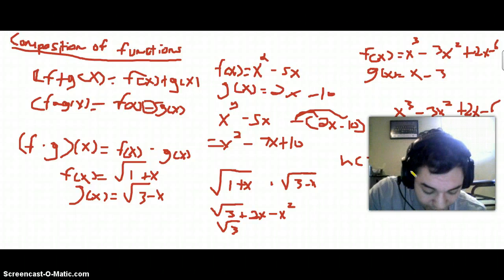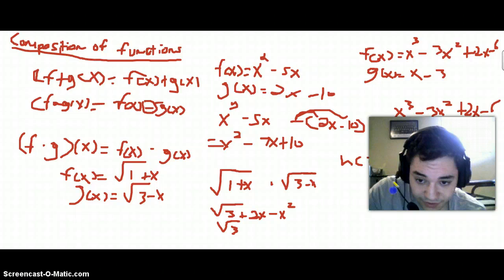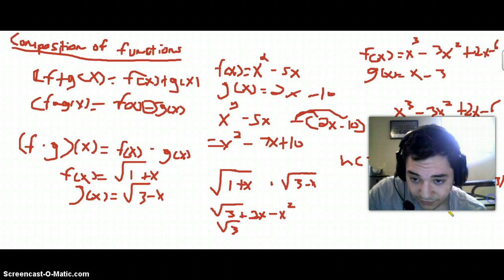So what we're going to do now is factor. So it's going to be x squared times x minus 3 plus 2 times x minus 3. So then we have that over x minus 3.